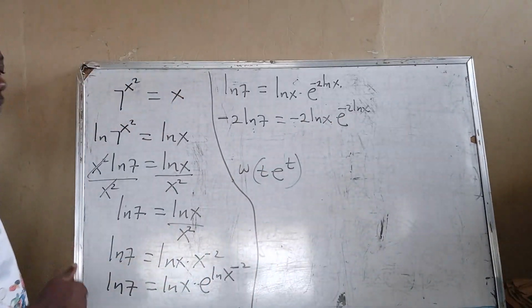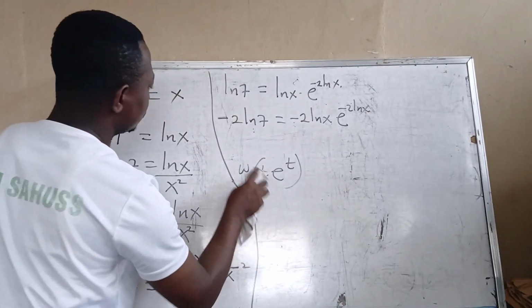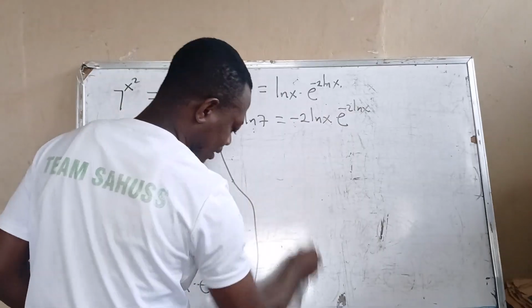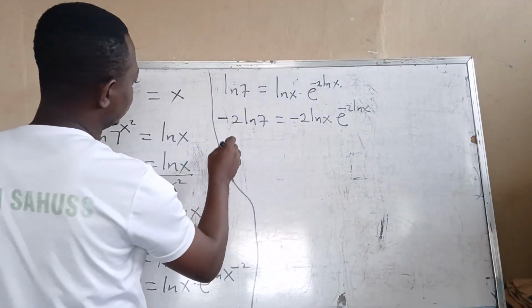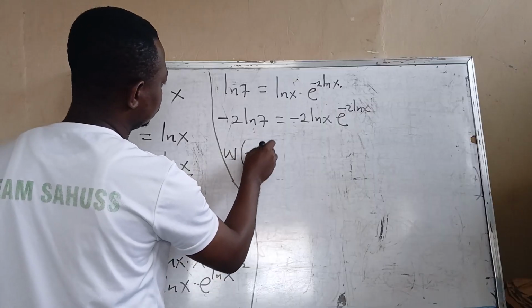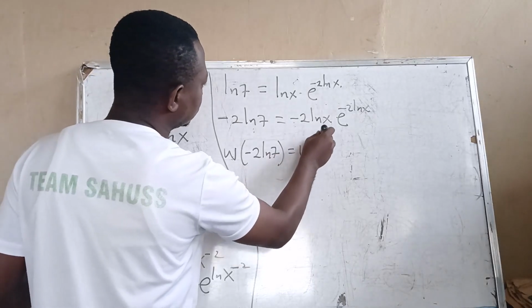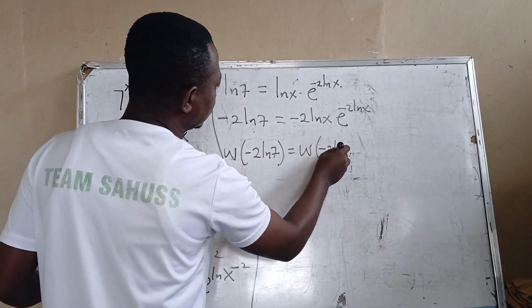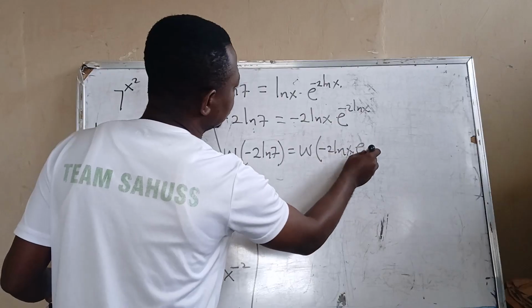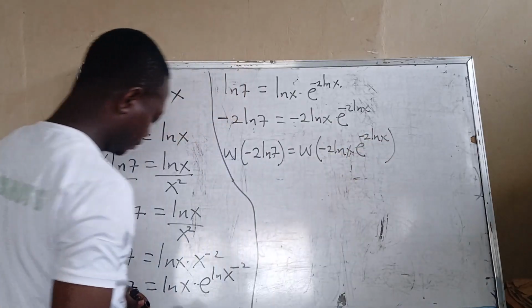Okay, perfect. All right, so what we are going to do now is take the W function since our target is achieved. So we have the W function: minus 2 ln of 7 equals the W function of ln of x e to the ln of x.